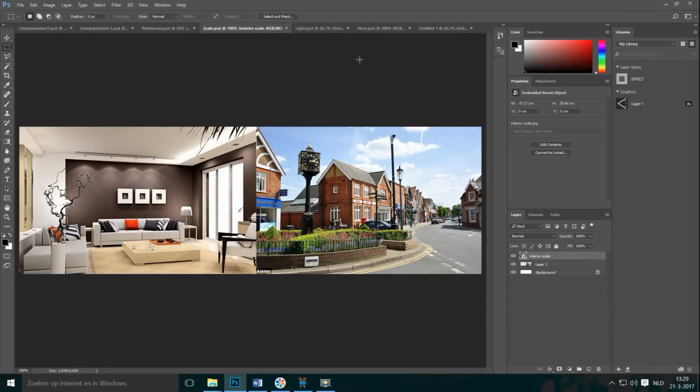Scale. Now, scale is something that I see every day, and I find it hard to believe that people are struggling with that so much. But what I see all the time is images of objects placed in rooms where the object is tiny and the room is huge, okay? So what I would suggest is you start off by creating an object that is roughly 6 feet high.